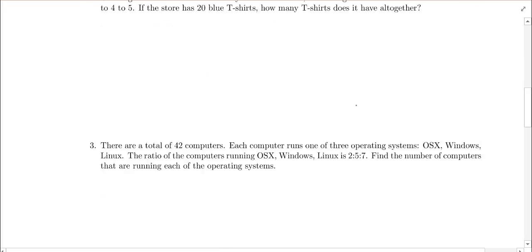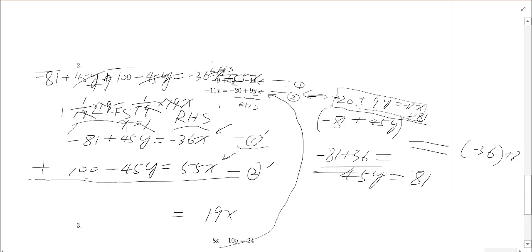This is the same operation. I'm sorry. Let's go back. Same operation on both sides, right? So you get this. Then this will cancel out. This one, 81, this one, this cancel out. So you get 45y equal what? 81 minus 36. It's the same.